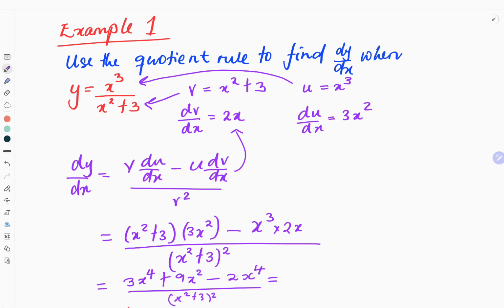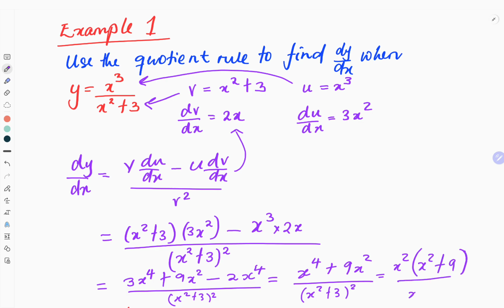This can be simplified further because we've got like terms, and that becomes x to the power 4 plus 9x squared divided by x squared plus 3 to the power 2. This can be simplified further by factoring out x squared, and that becomes x squared times x squared plus 9, over x squared plus 3 to the power 2. And that's how you differentiate this quotient.